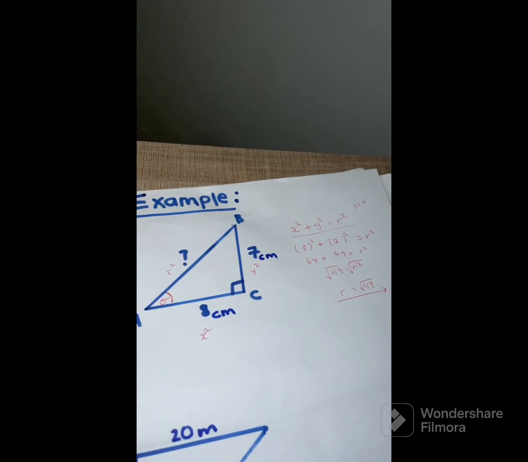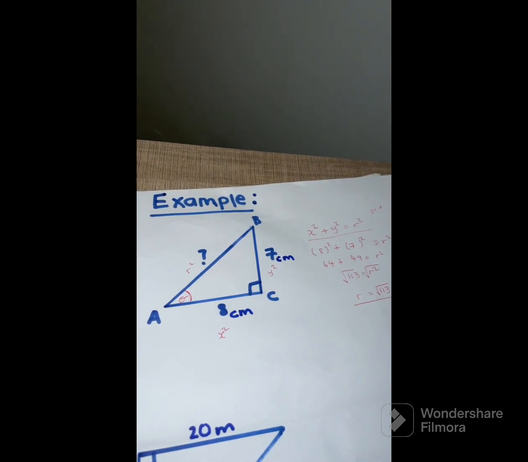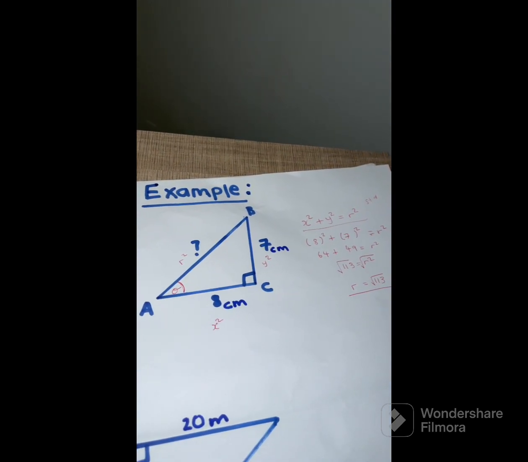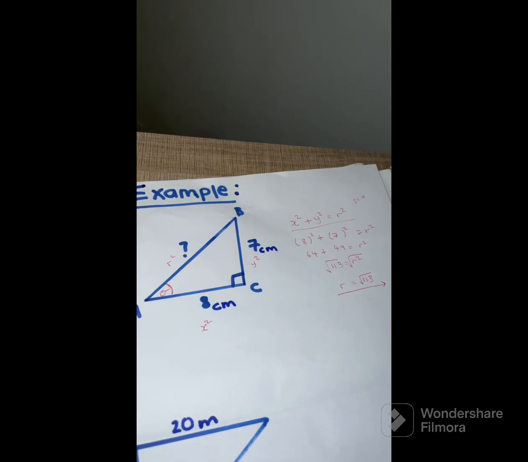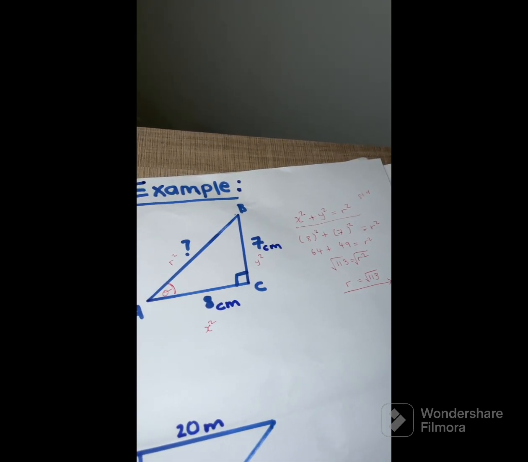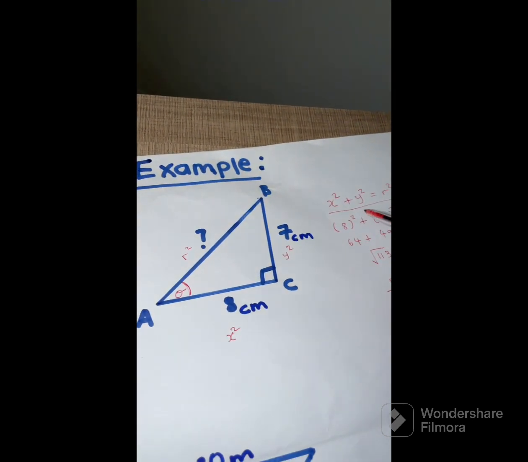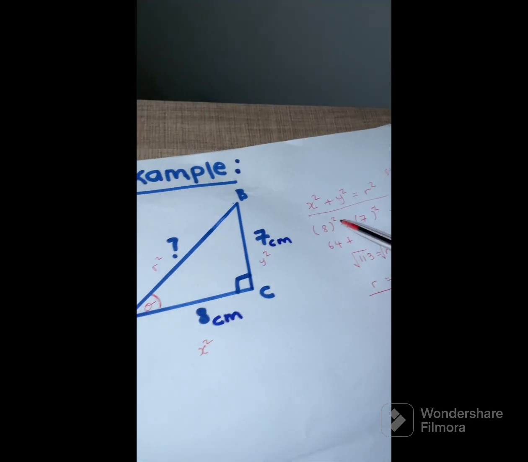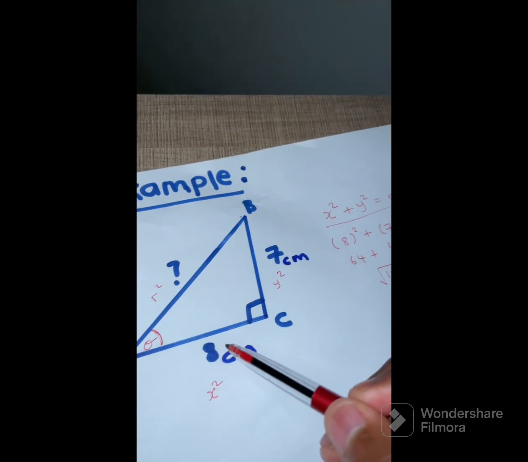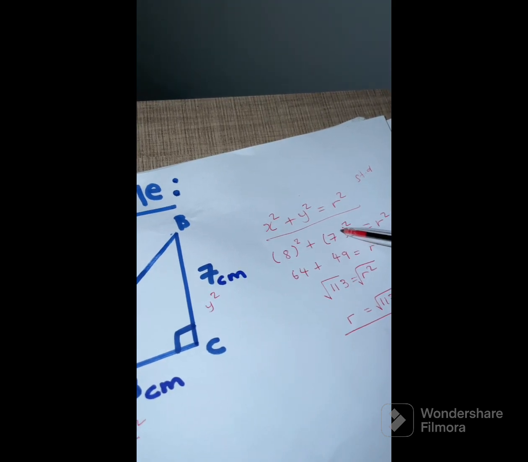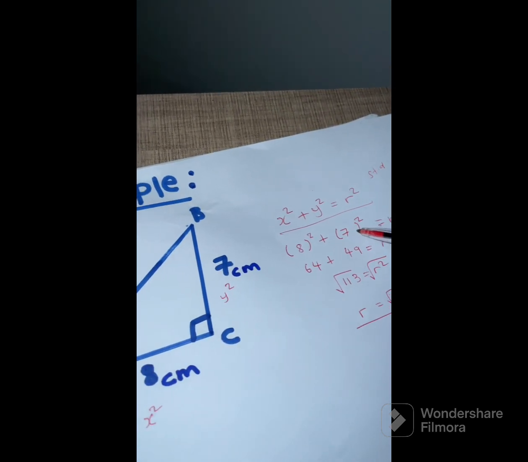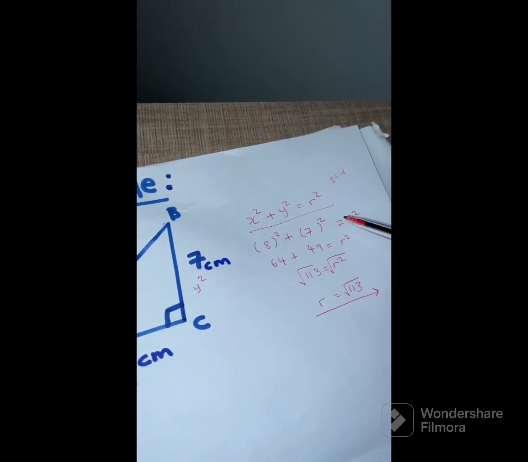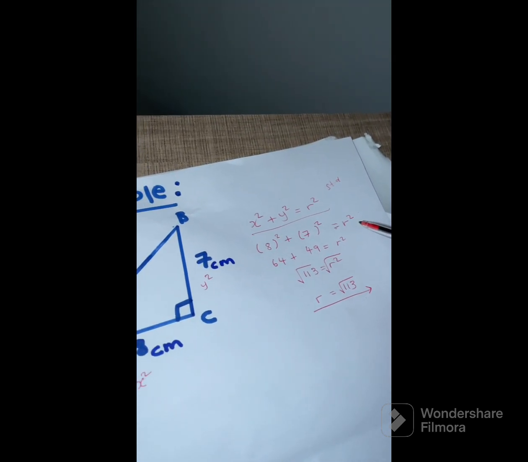Before you even start inserting your x value and your y value, make sure you put on those brackets. So you open those brackets, put your x value, which is 8, and then put in your y value, which is 7, and you're looking for r squared.